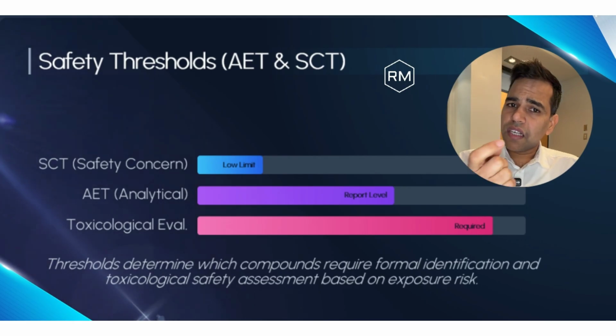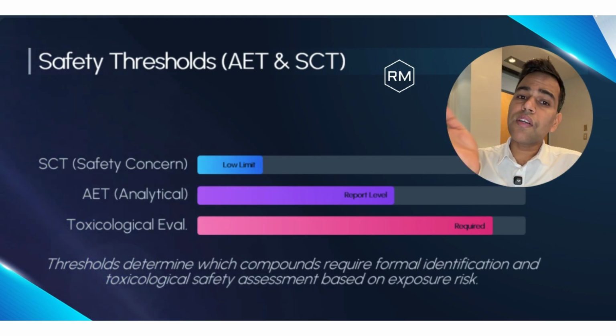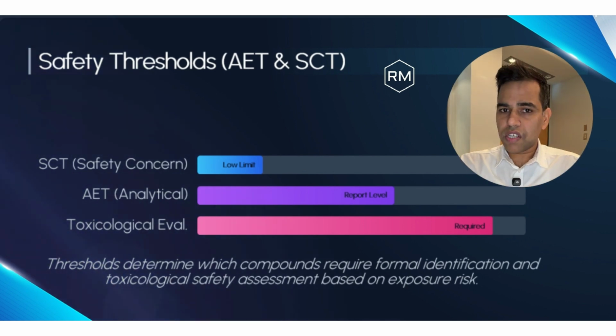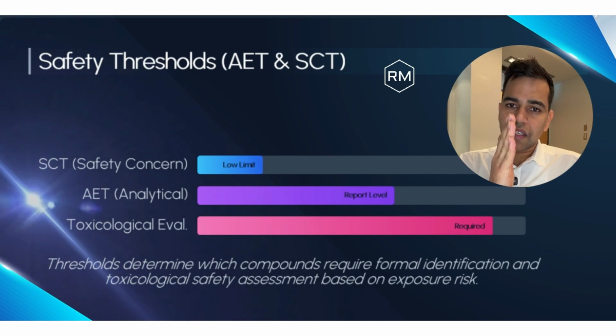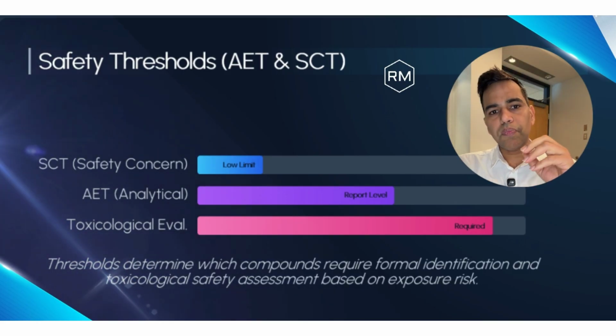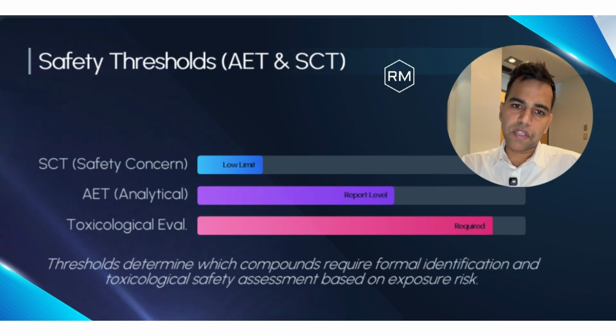The safety concern threshold, or SCT, defines what requires toxicological assessment. These two thresholds ensure that the efforts are focused only on compounds that could pose real risk to the patients.